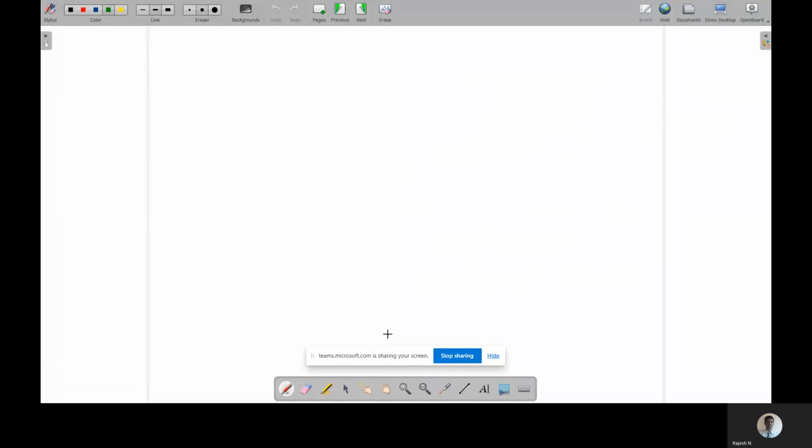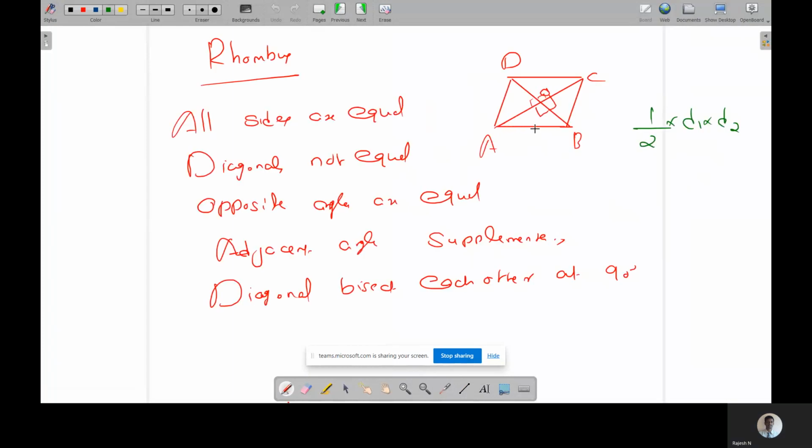So a rhombus is a parallelogram. In this rhombus, we can go to a square from this also.